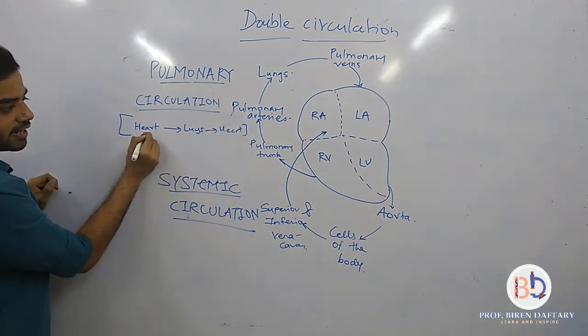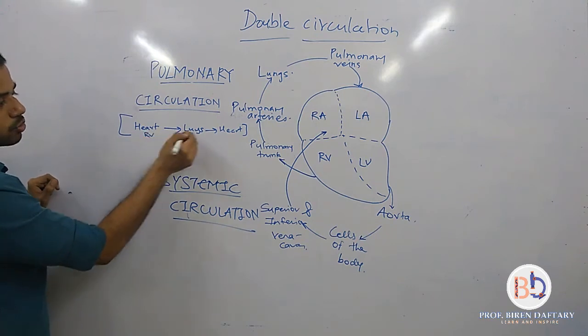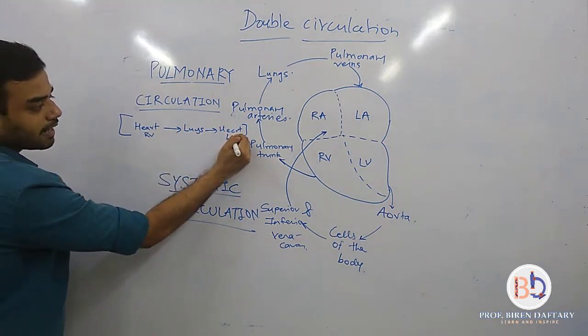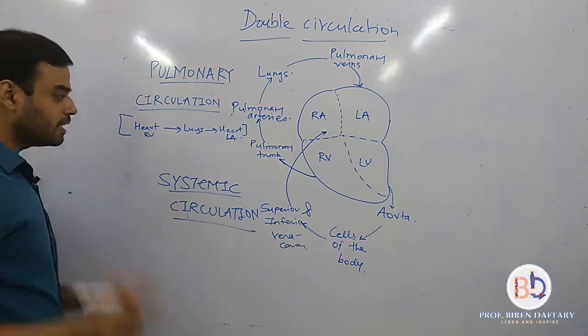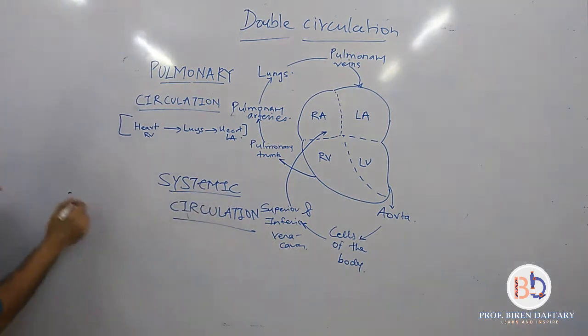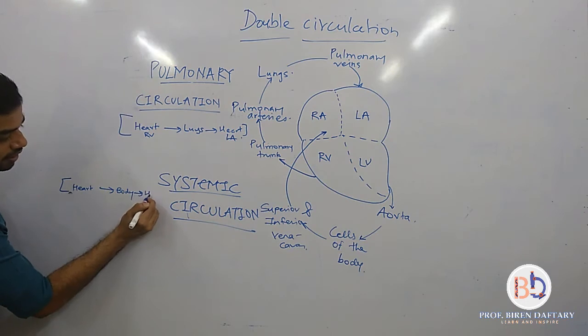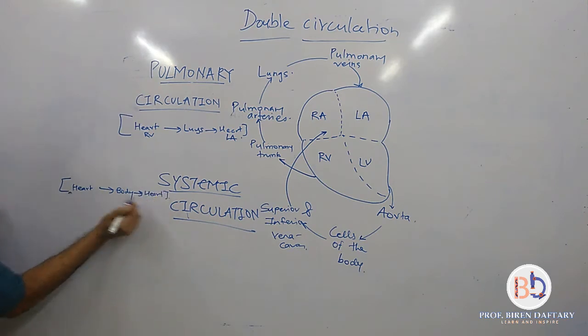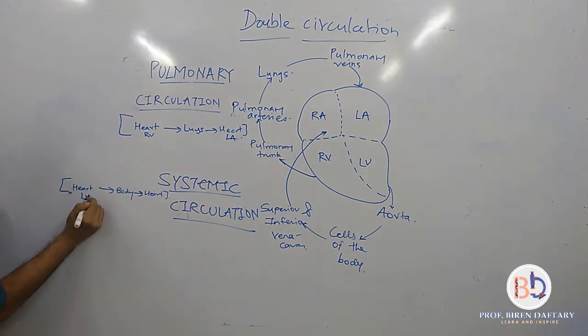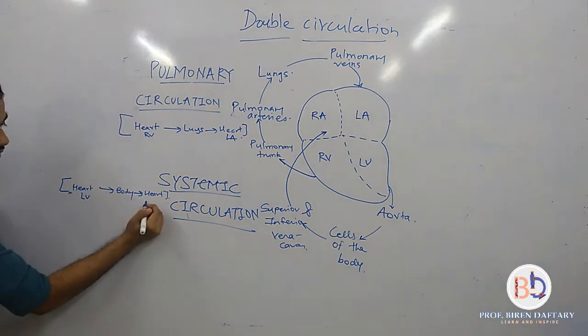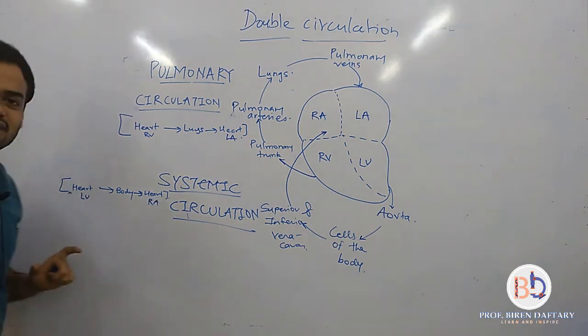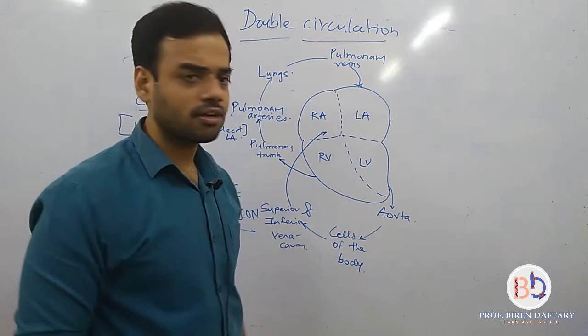Here I will write right ventricle to the lungs and coming back to the left atrium. Similarly, for systemic circulation, I will write heart, body, and back to the heart. So now I will write heart, left ventricle, body, right atrium. Is this clear? Simple. Why is it called double circulation?